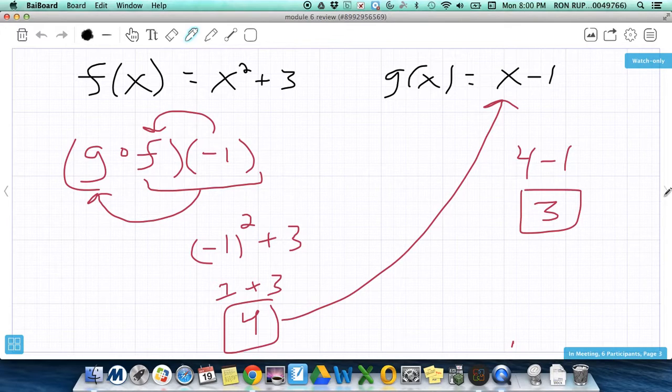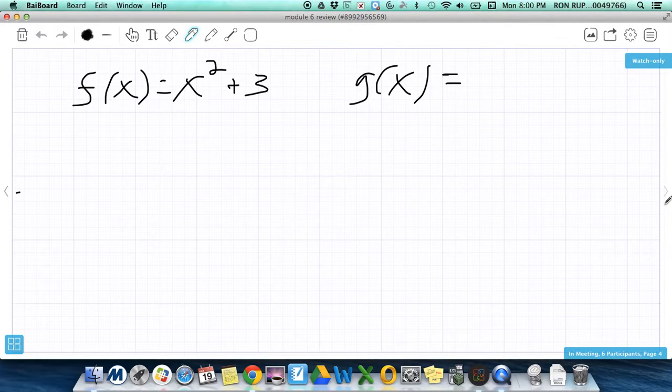Now we're going to make it just one step harder. I'm going to use the same two functions I just had. So I'm going to stick with f of x equals x squared plus 3, and I'm going to stick with g of x equals x minus 1.